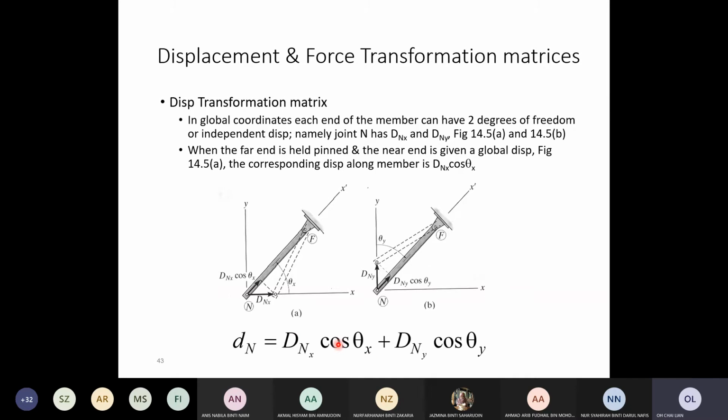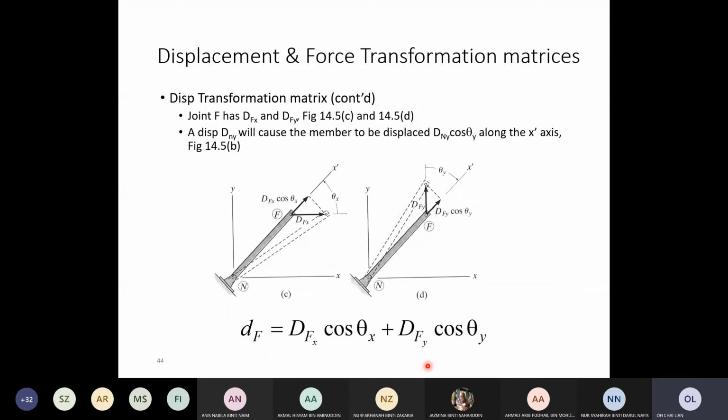From this figure, they have derived that the relationship between the local d, small d, and the global D, you can use the lambda x and lambda y to get it. dn is equal to lambda x multiplied by big D and x, plus lambda y multiplied by big D and y.